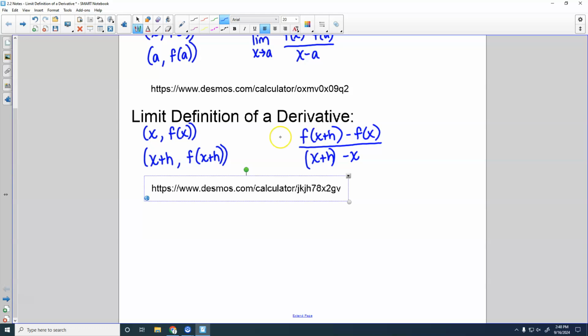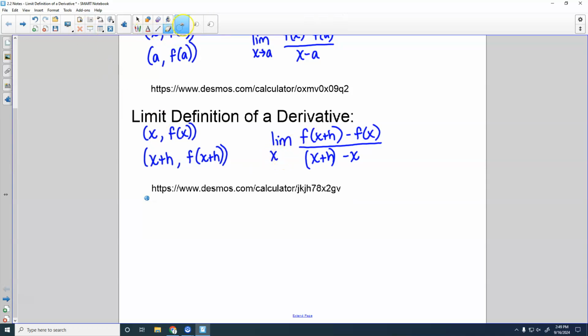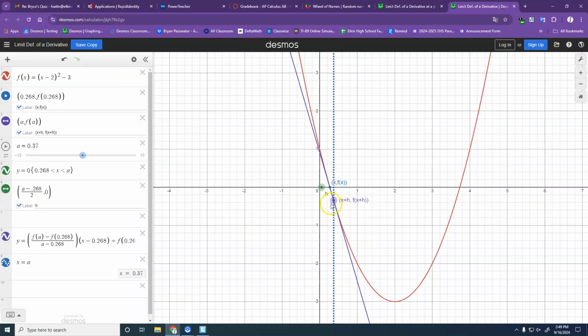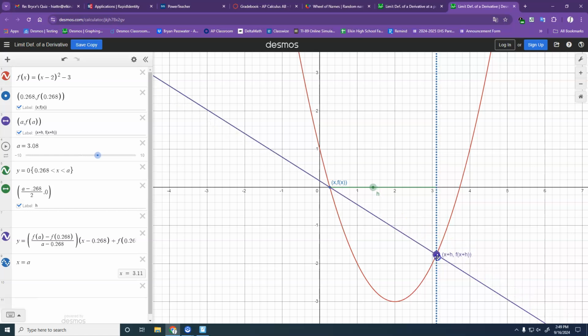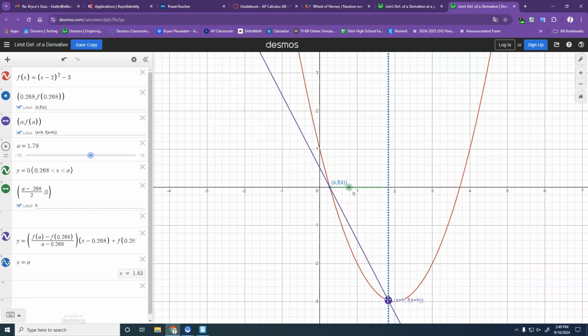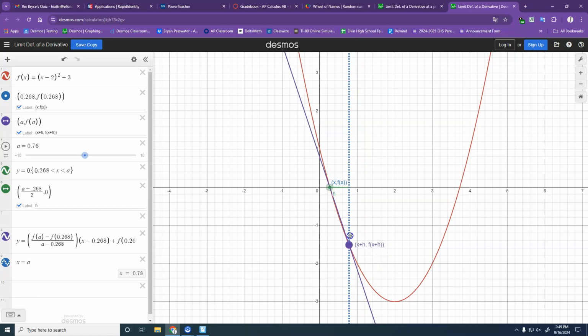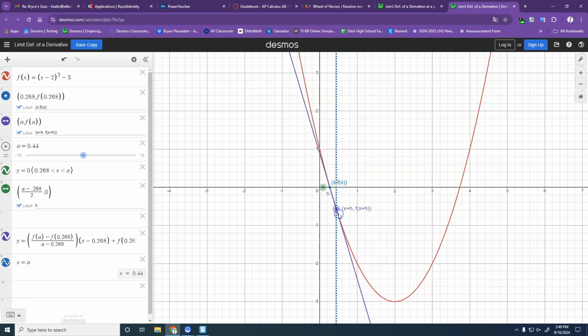Okay, so in this case, what we're wanting to limit here, oh no, that's wrong, it's not h. Okay, so on this graph, f of x stays where it's at, it is not changing. My h value is changing as I get closer and closer and closer to the point that I'm interested in.